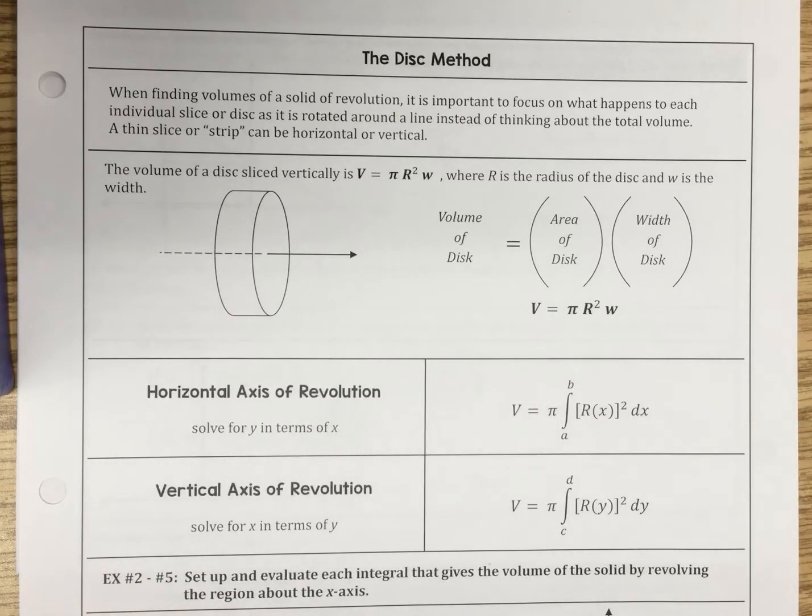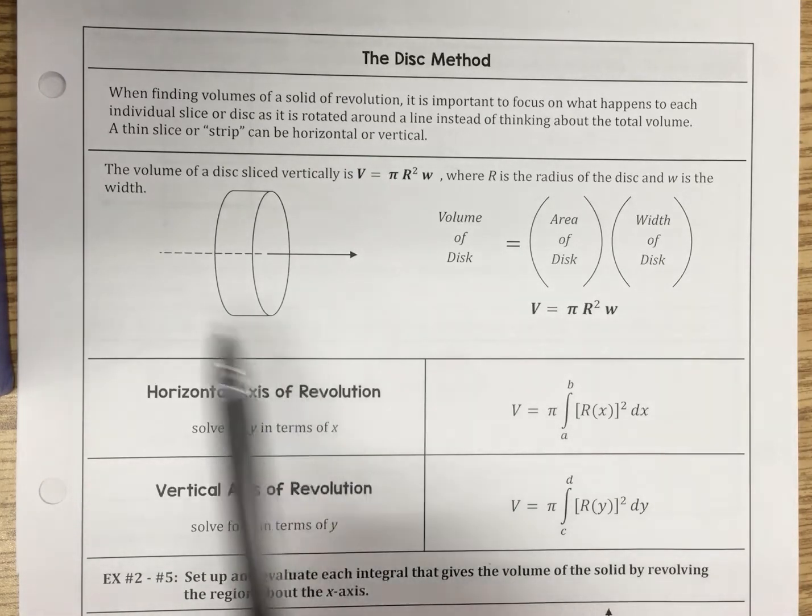All right, so it's important to think about what happens to each individual slice or disc as it's rotated around a line instead of thinking about the total volume. So a thin strip or slice could be horizontal or it could be vertical, just like when we were doing cross sections. Remember, the disc method is a type of cross section.